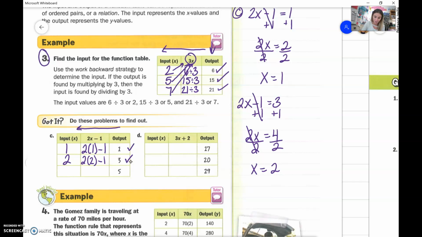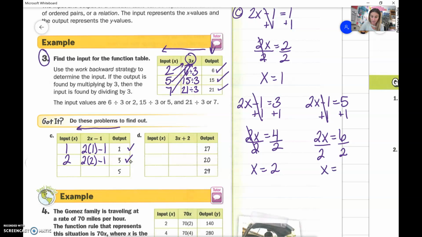So again, I'm going to write my problem. 2x minus 1 equals, what's my output? 5. Now I know that I'm going to add 1 to both sides. That's going to cancel out. I'm left with 2x equals 5 plus 1 is 6. I'm left with 2x equals 6. I have to divide by 2.